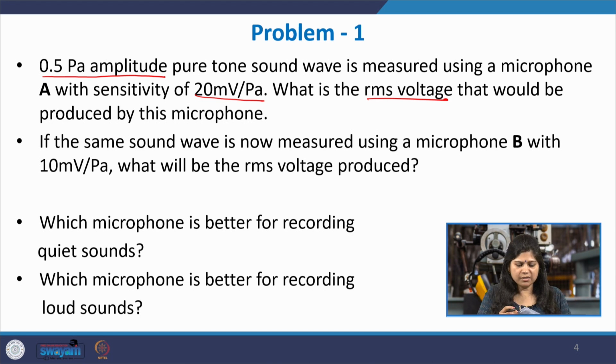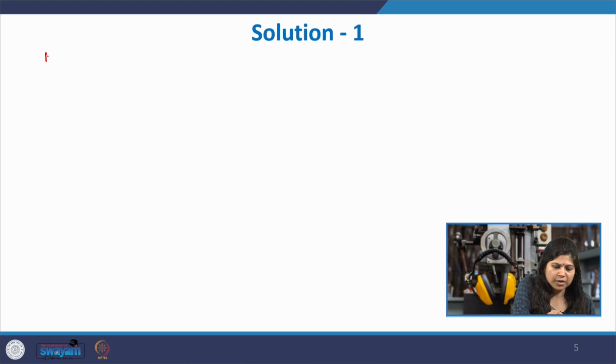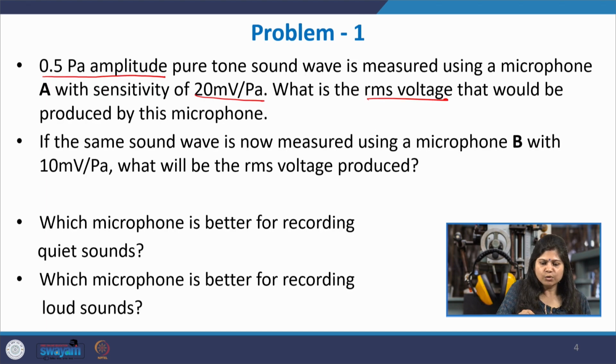Over here it is given that 0.5 Pascals amplitude is being passed to the microphone and the sensitivity is 20 microvolts per Pascal. For the mic A, what it essentially means is that all these sensitivities are measured for microvolts per RMS pressure that is passed to it.